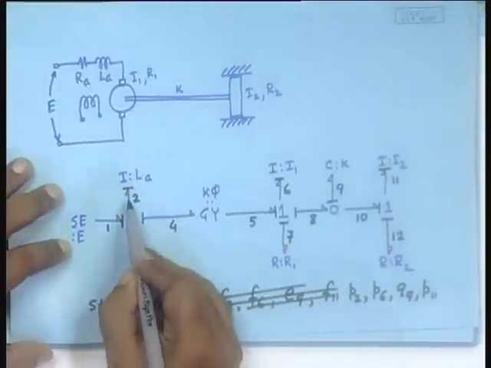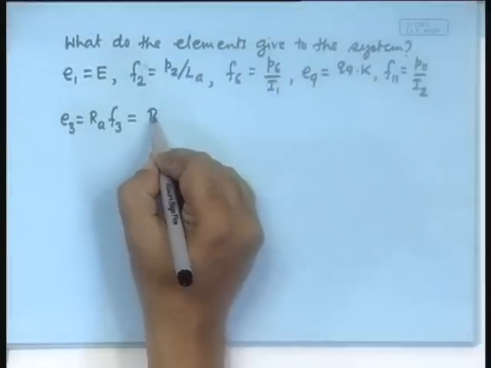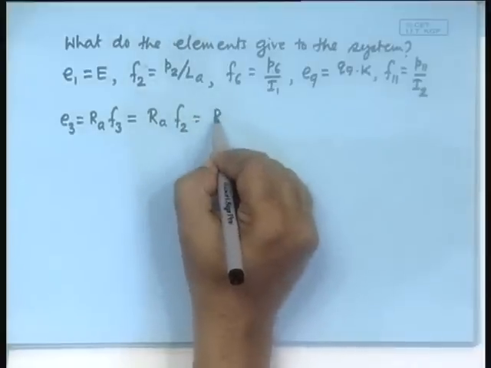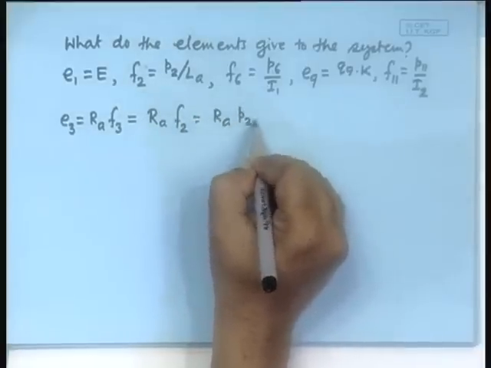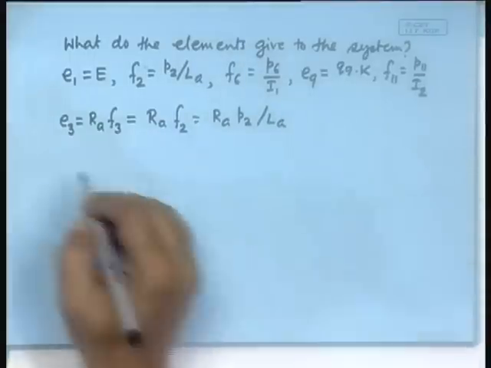F3 information obviously comes from F2. So, RAF2, which is known, RAP2 by LA. So, completed.